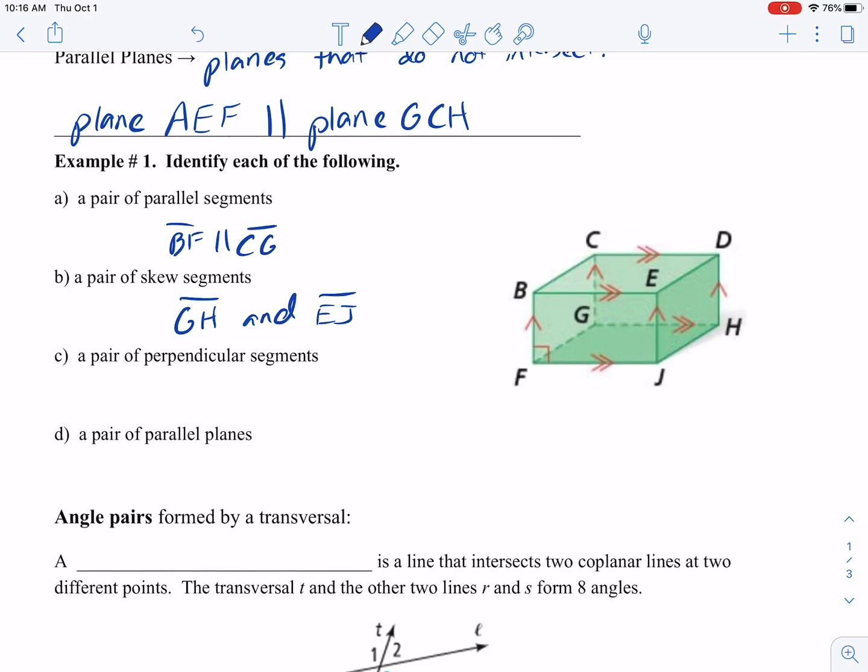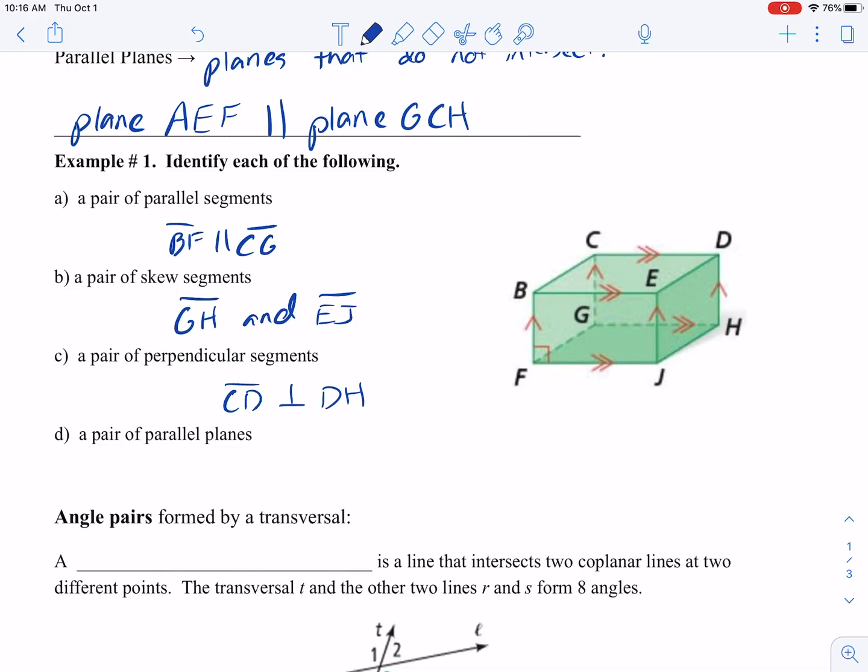Skew segments. How about perpendicular? Maybe you had CD is perpendicular to DH. We know that every single side, because it's a rectangular prism, is going to meet at 90-degree angles. So you could have picked any face and had 2 of those sides intersecting.